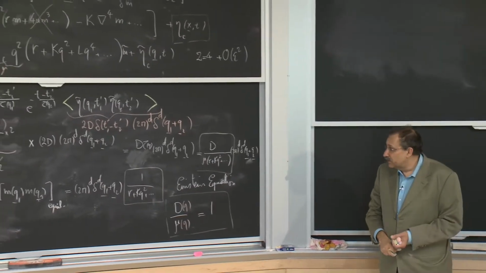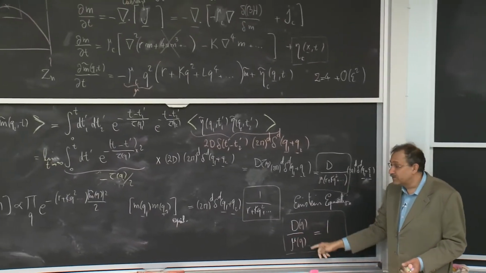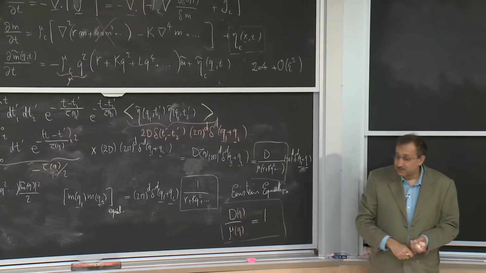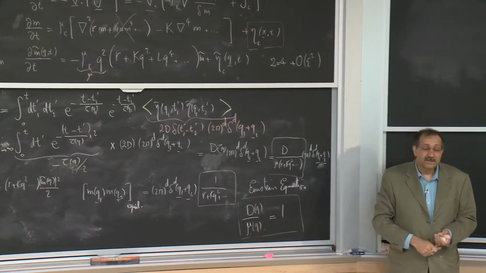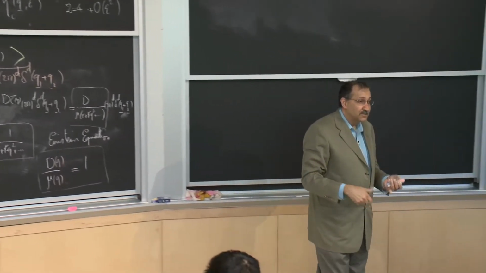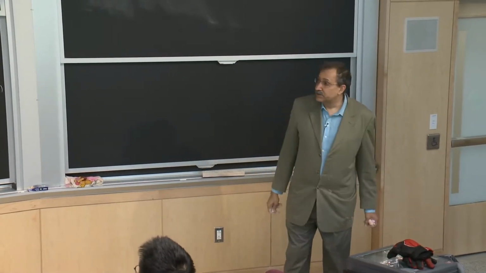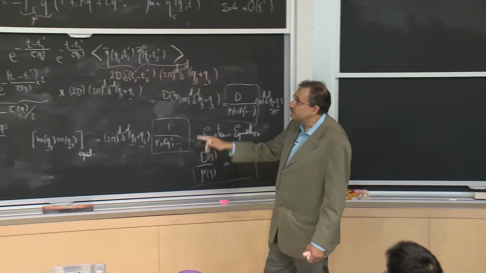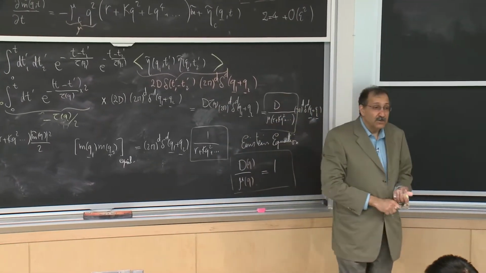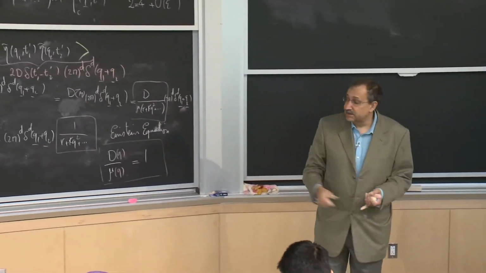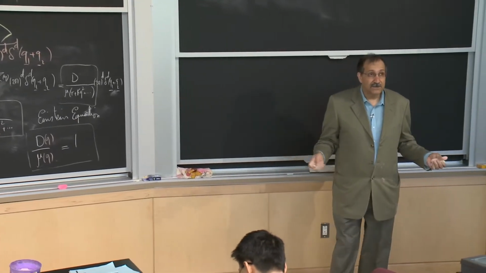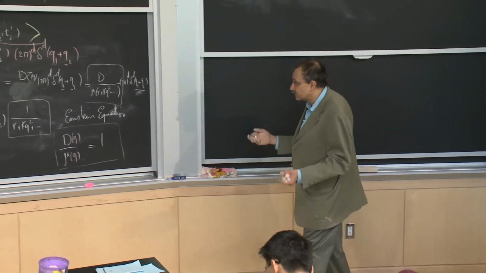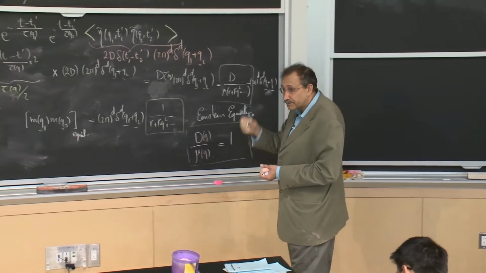In principle, you can cook up all kinds of D of q and mu of q, and as long as this equality is satisfied, you will have, for these linear stochastic equations, the guarantee that you would always get the same equilibrium result. That is, if you wait for the dynamics to settle down after long times, you would get to the same answer. Yes?